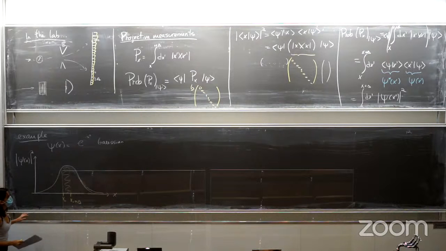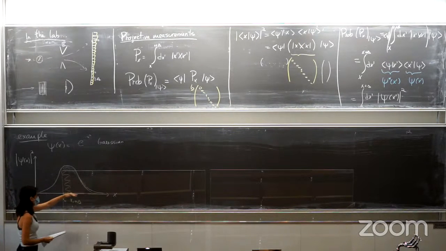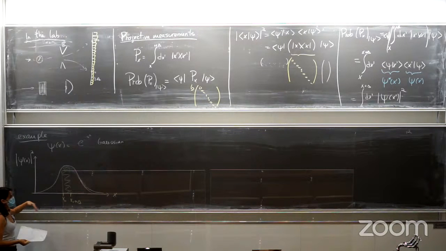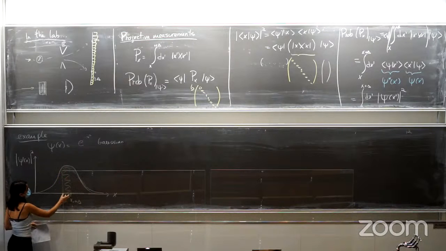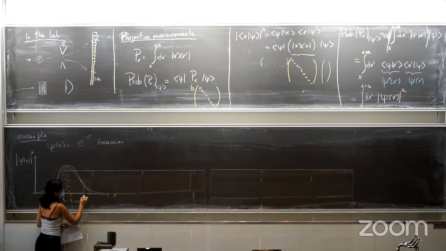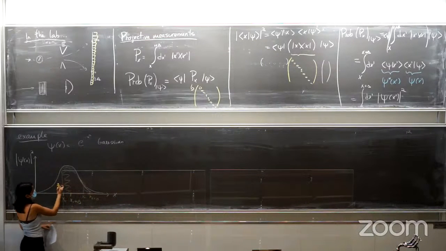So in this case, the observable is just the type of outcomes, and what replaces the classical probability distribution is the square of the wave function. So you can see the probability of measuring here is higher than the probability of measuring at x1 plus delta, just because this area is so much larger than that.